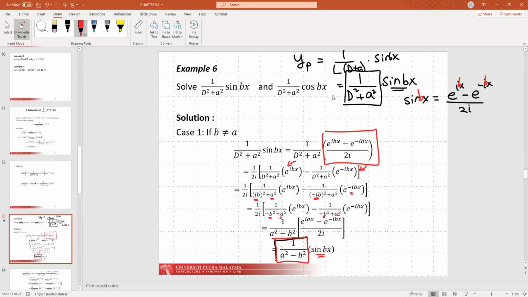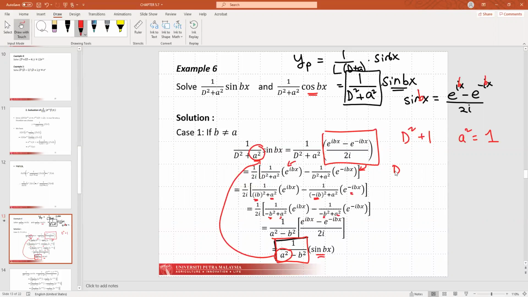Okay, let's see kalau dia cosine b pula. Okay, sebelum saya ni nak pastikan, A ni adalah, let's say this one is A squared, and this is A squared. Contohnya kalau saya ada D squared plus 1. So yang ni tak ada masalah, A squared is just 1.